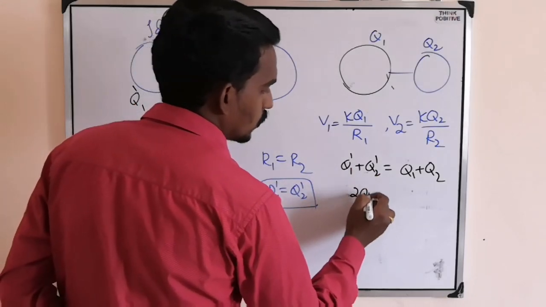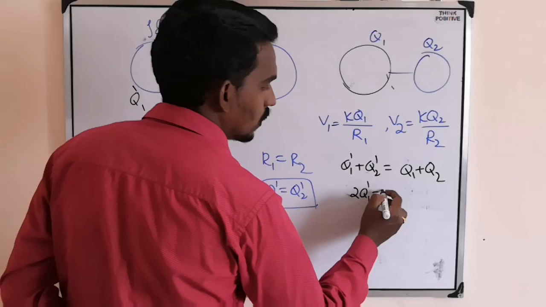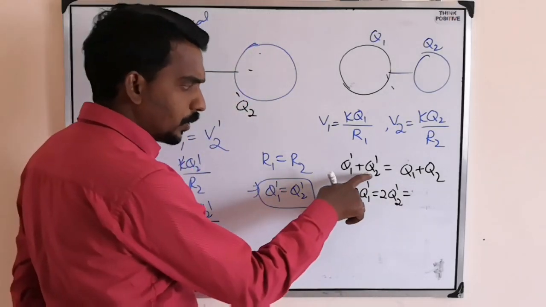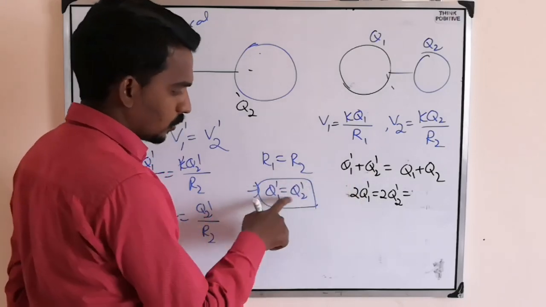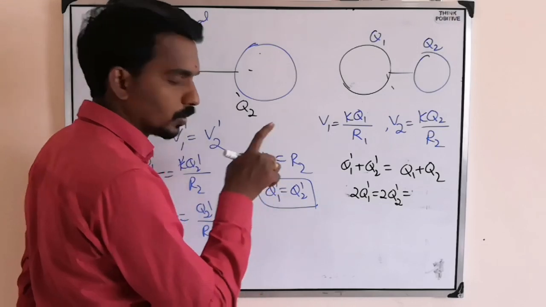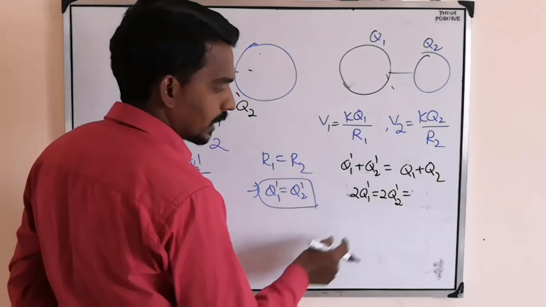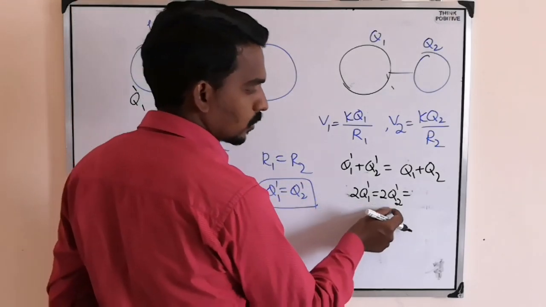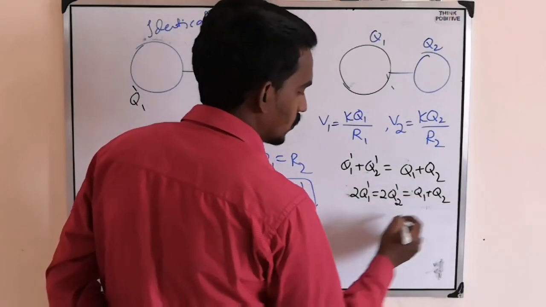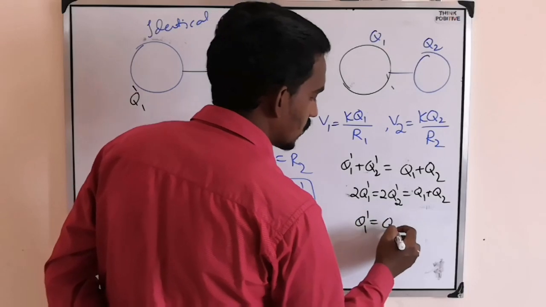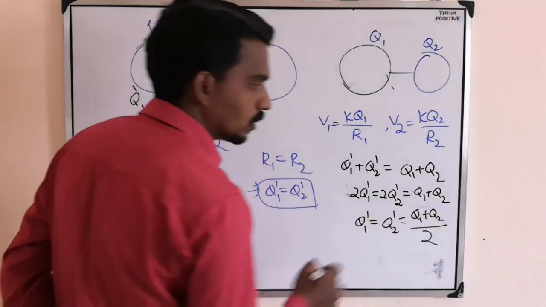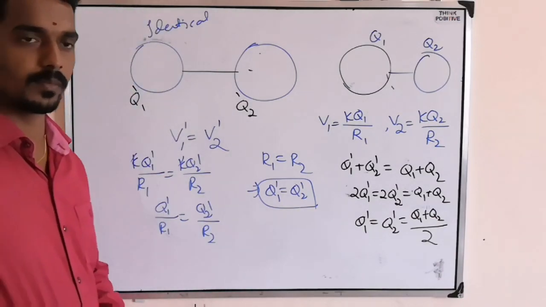So 2q1 dash or 2q2 dash equal to q1 plus q2. So q1 dash equal to q2 dash equal to (q1 plus q2) by 2.